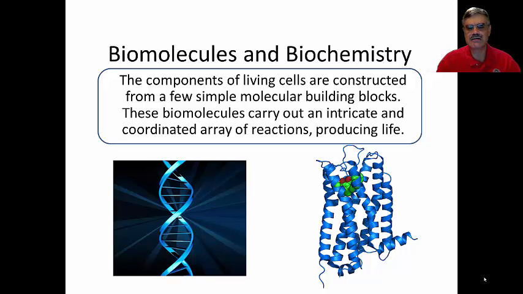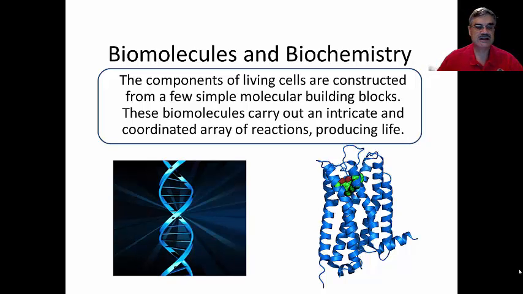It's amazing how complex the range of biomolecules is, but that they're all made of a relatively few number of building blocks. And then towards the end of this chapter, we will see that these molecules can carry out a very intricate and coordinated set of reactions producing life and also enabling the reproduction of cells.